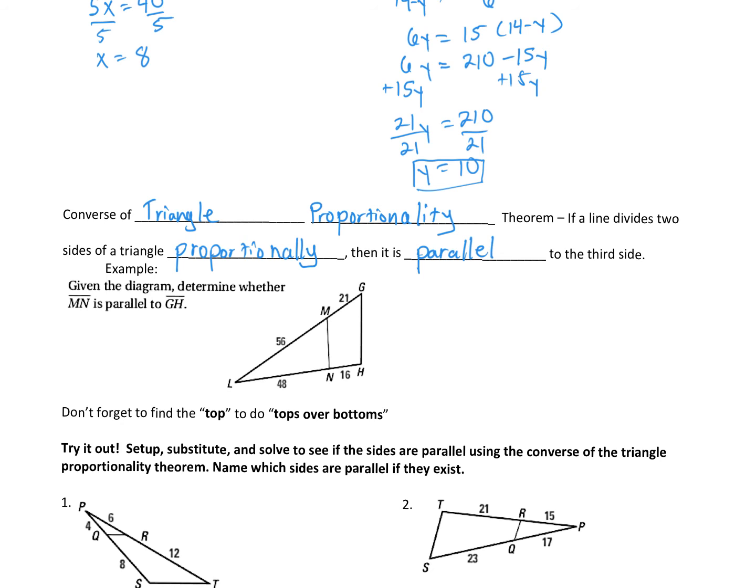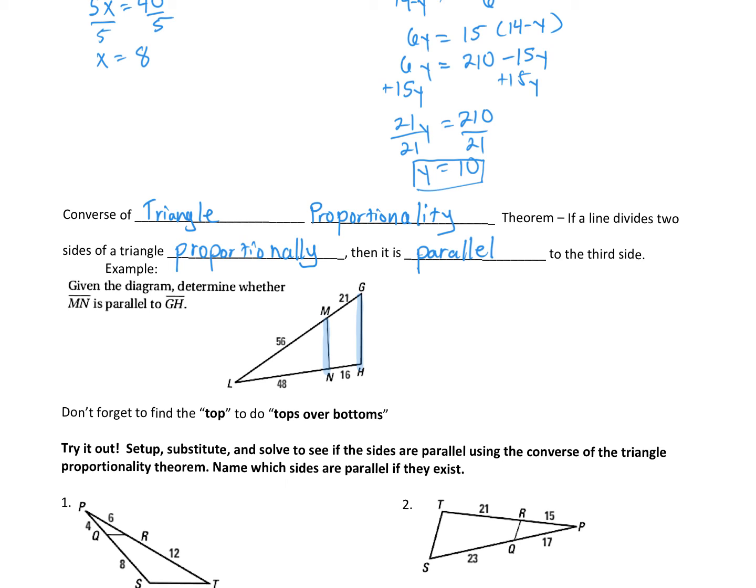So before we were using the parallel to prove these things, and now we can prove that the lines are parallel. So it's basically saying if we find the sides proportional, then these two lines right there have to be parallel to each other.